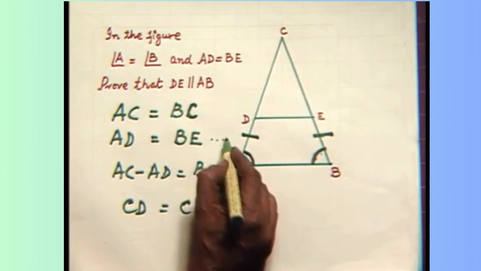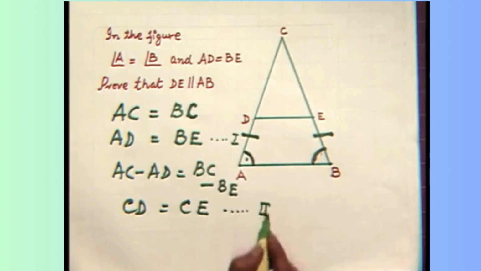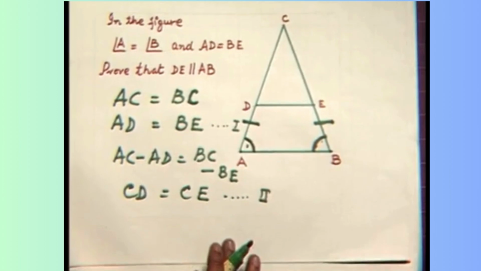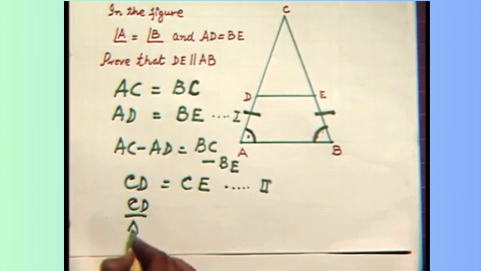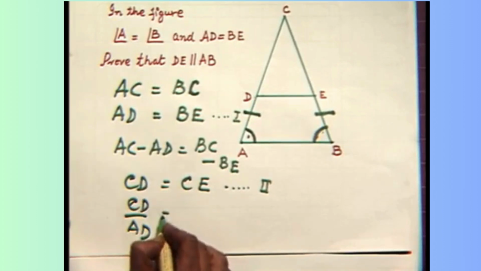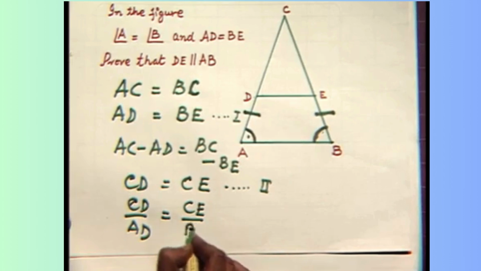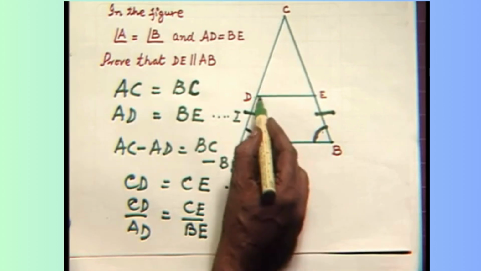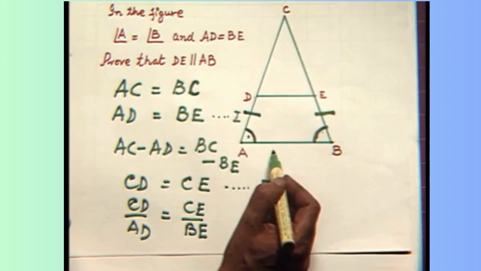If I name this equation as 1 and this result which I have calculated as 2 and divide 2 by 1, I get CD upon AD is equal to CE upon BE. So, that shows that the side DE is dividing these two sides in the same ratio.